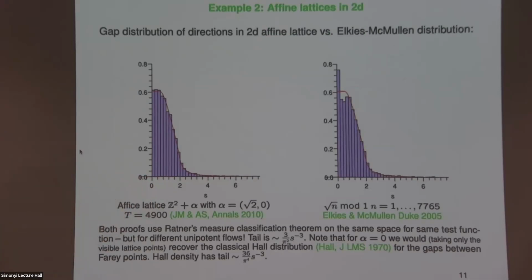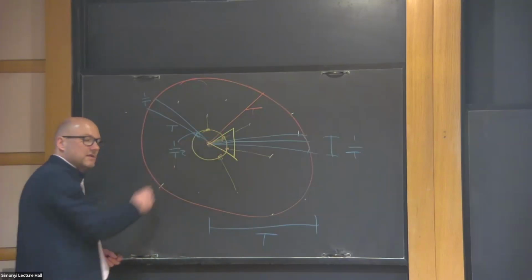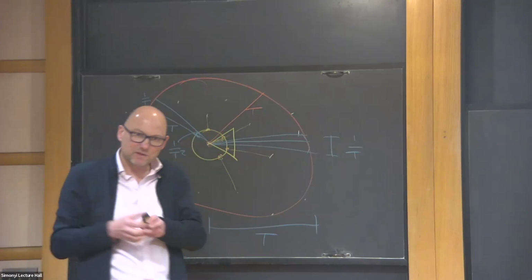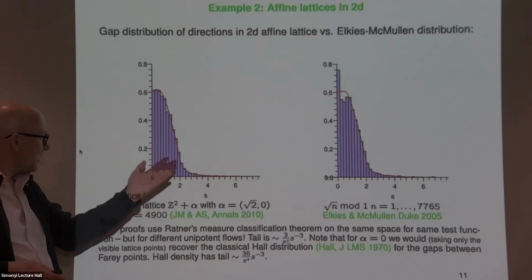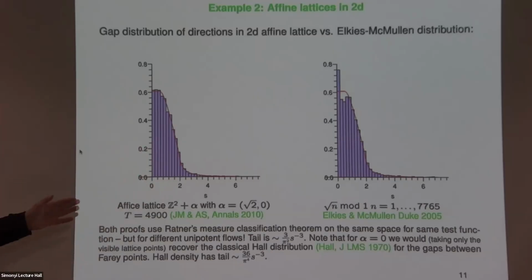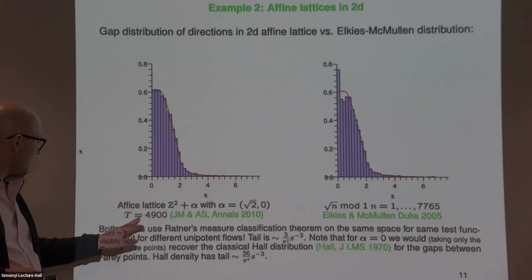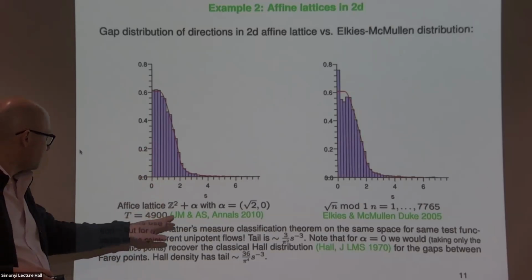This is the gap distribution. So now we're projecting all the points on the unit sphere, and you can ask what's the distribution of gaps between those points, and you see those two histograms. If it were a Poisson point process, it would be an exponential distribution. And here it's this distribution. You can work out what the formula is.